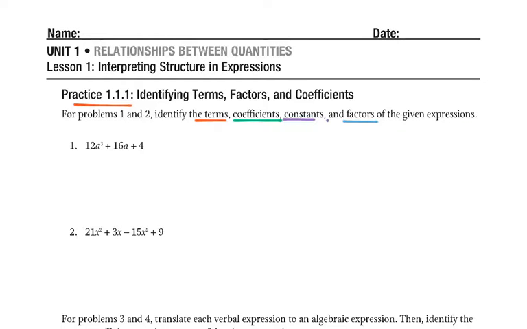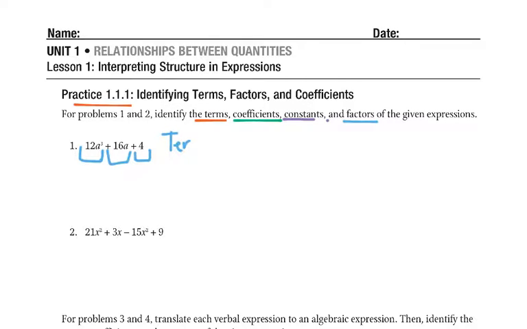Now remember, terms are made up of numbers and letters, or just letters, the variables. If we look at number 1, terms are usually separated with an operation like plus or minus. So I've got 12a cubed, 16a, and 4. Those are our terms.